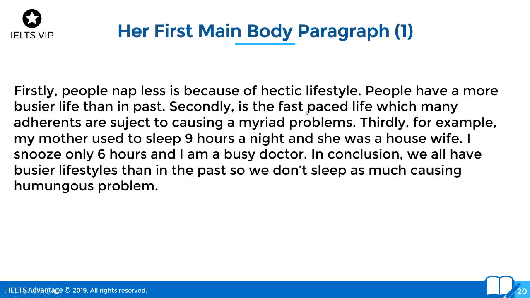"Secondly is the fast-paced life which many adherents are subject to, causing a myriad problems." So this seems like it's a second idea because she's put secondly in here, but it's really the same idea as the last one, fast-paced lifestyle, and this causes problems. "Thirdly, for example, my mother used to sleep 9 hours a night and she was a housewife. I snooze only 6 hours and I am a busy doctor."